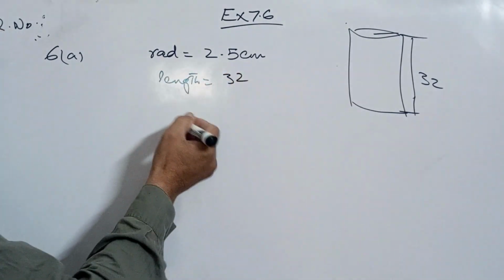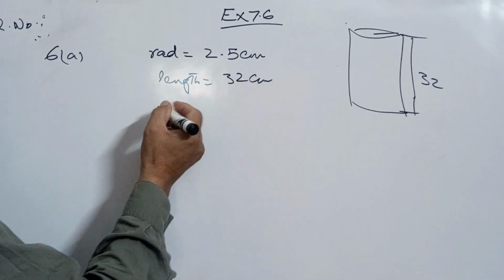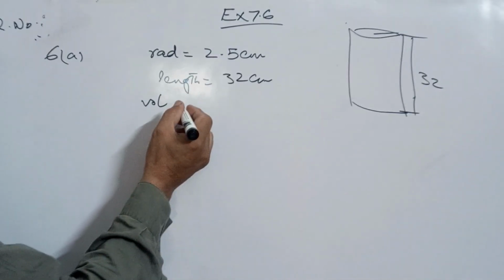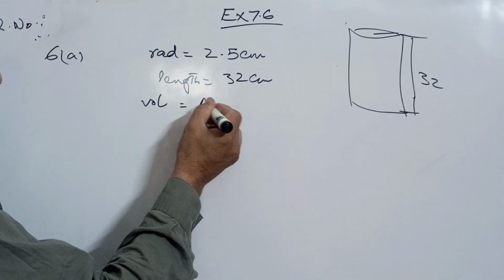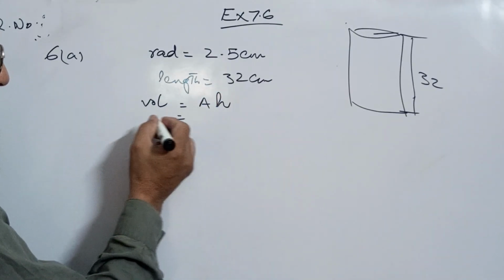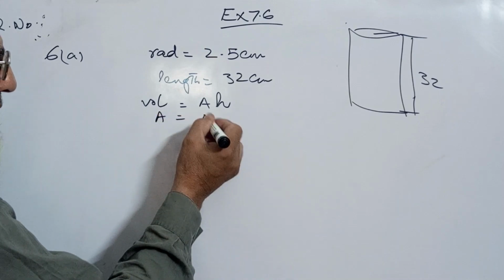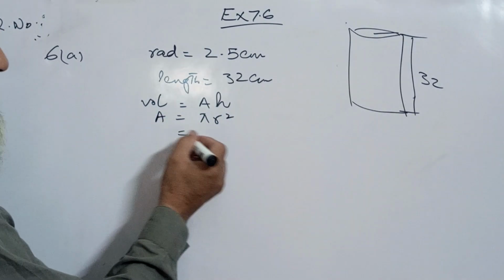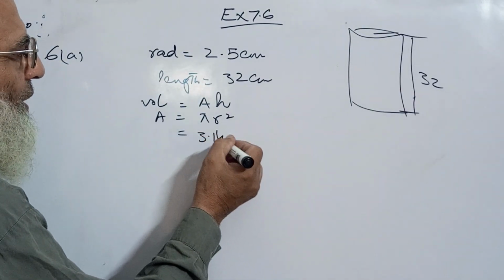So I have already told you, we have to find the volume only. It is area multiplied by height, and the area is pi r squared. So it is equal to 3.14 multiplied by 2.5 squared.